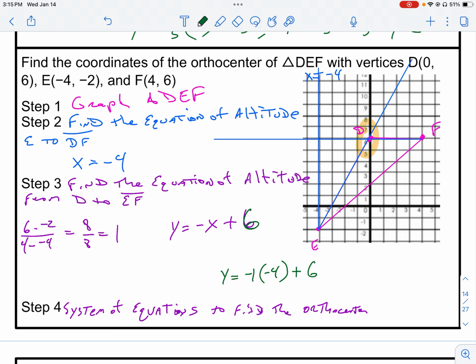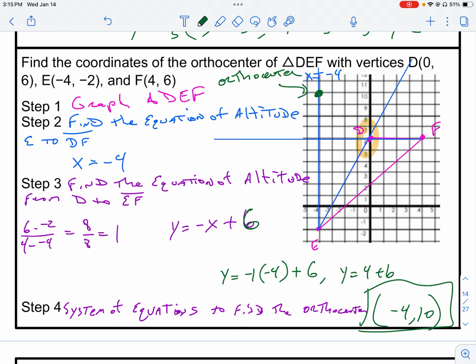This is a 6. It looks like a B, I know, but it's actually a 6. So y equals 4 plus 6. So my orthocenter is at (-4, 10), right there, which is what I'm looking for.